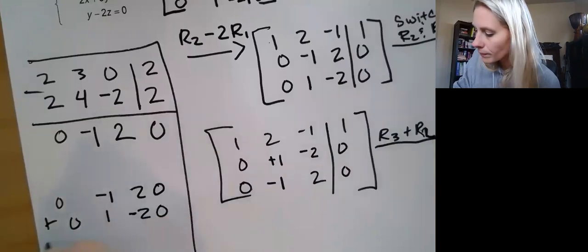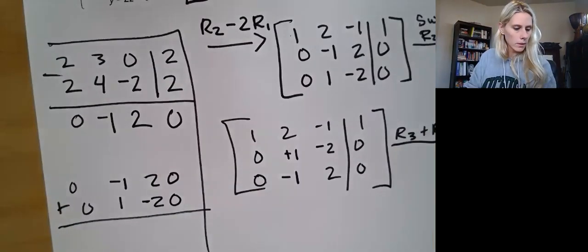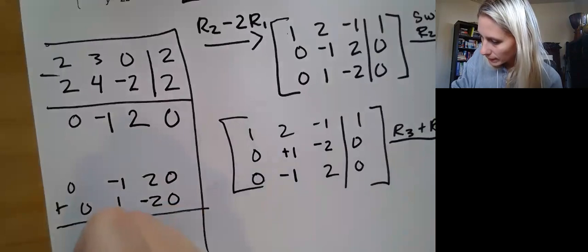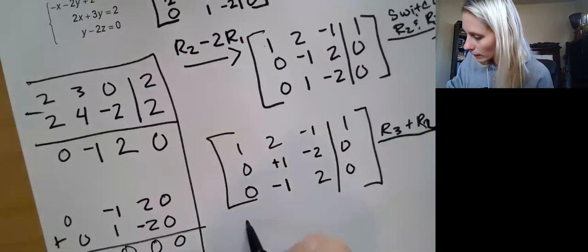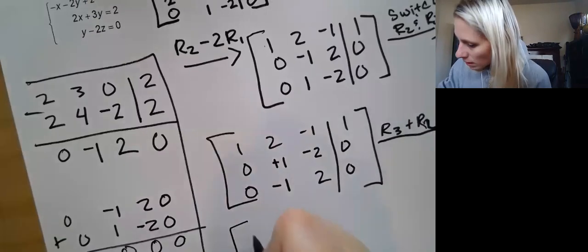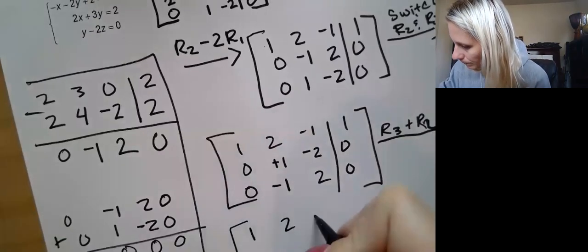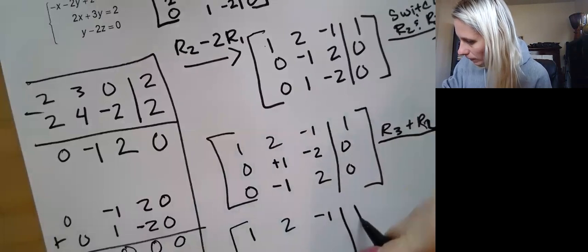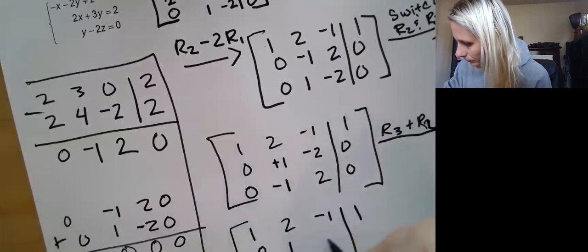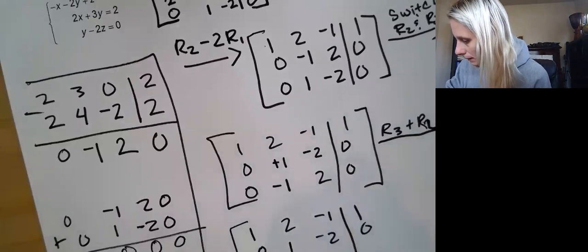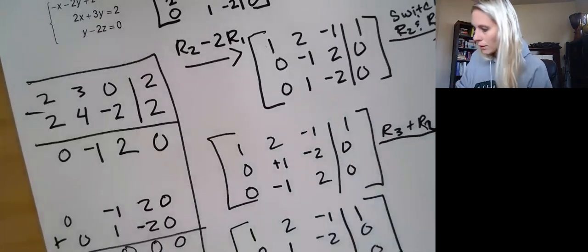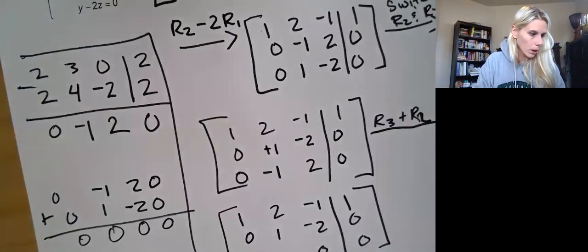What happens? We get zeros across the board. Okay, let's look at what that looks like. So we get zeros across the board for our new row below.